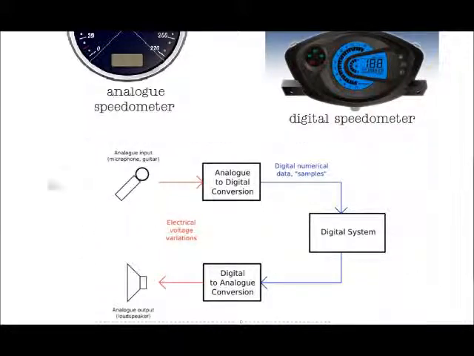Take, for example, in the analog world, we have a microphone which picks up analog signals, and this microphone needs to go through an analog to digital converter so that after the conversion you have digital, discrete values here, and this goes into a digital system like a microprocessor or DSP so that we can process the signal.